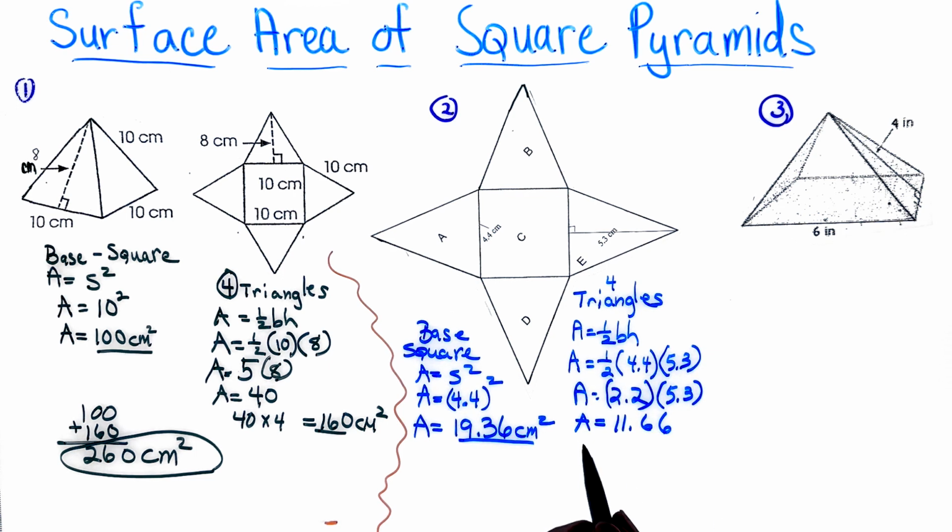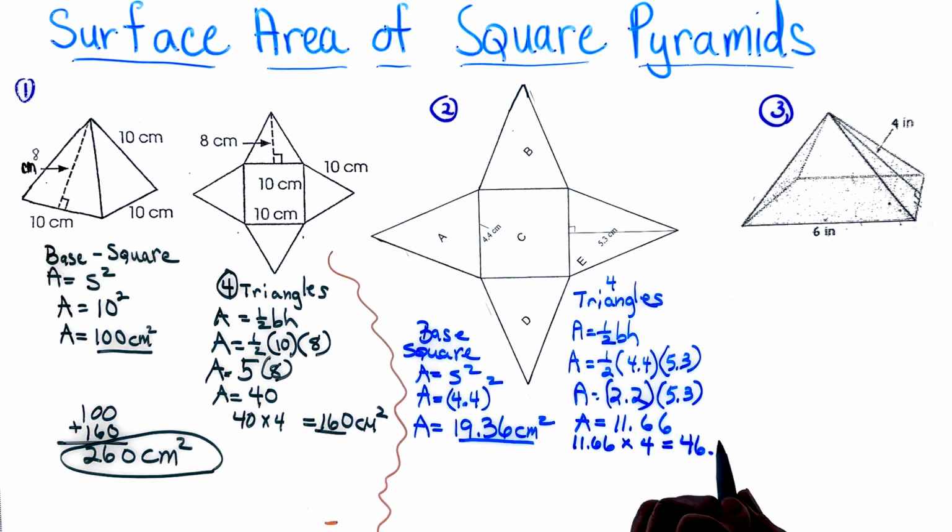But remember, we must multiply 11 66/100 times 4 because we don't have one triangle, we have 4. And when we do that, we end up with 46 and 64/100. And there it is. And yes, that's in centimeters squared also.